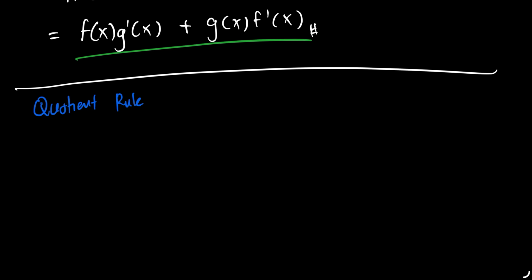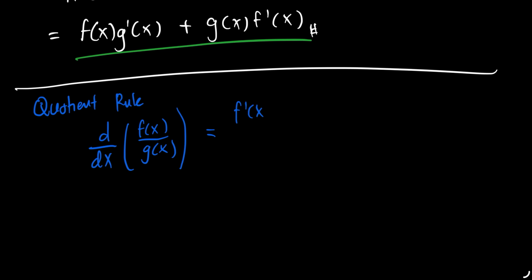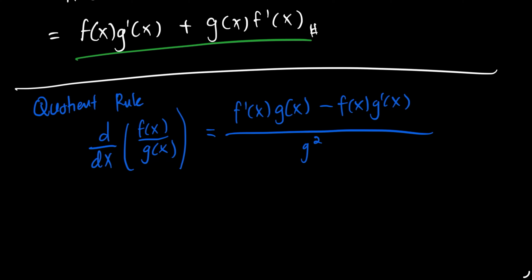So the quotient rule is where, say, we differentiate d over dx of f(x) over g(x). This is the same thing as what? f prime times g(x) minus f(x) g prime over g squared of x.